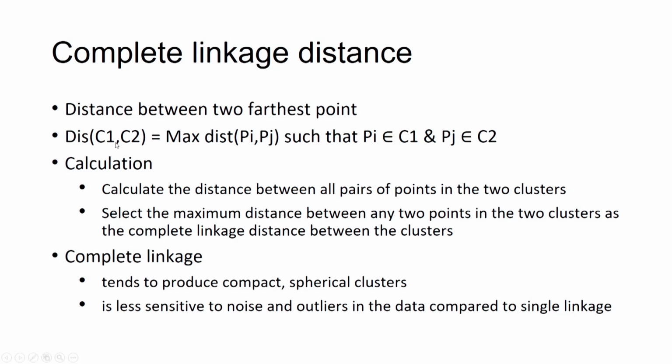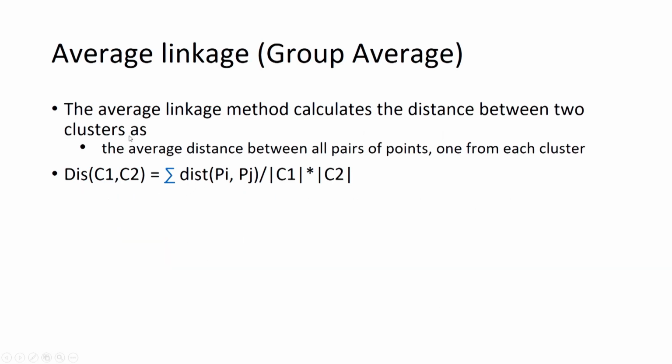This is called complete linkage distance, and it tends to produce compact, spherical clusters, because we are considering the distance of the two farthest points. So, definitely your clusters will be compact and spherical, and it is also less sensitive to noise and outliers compared to single linkage distance.